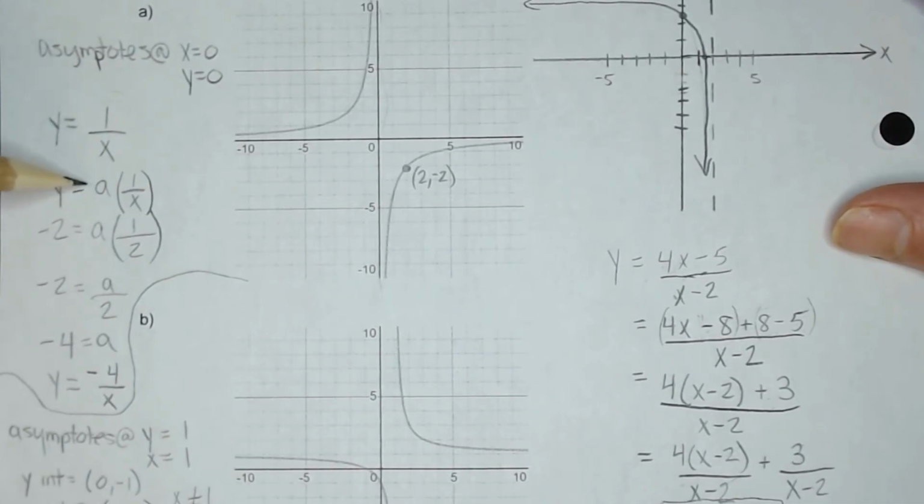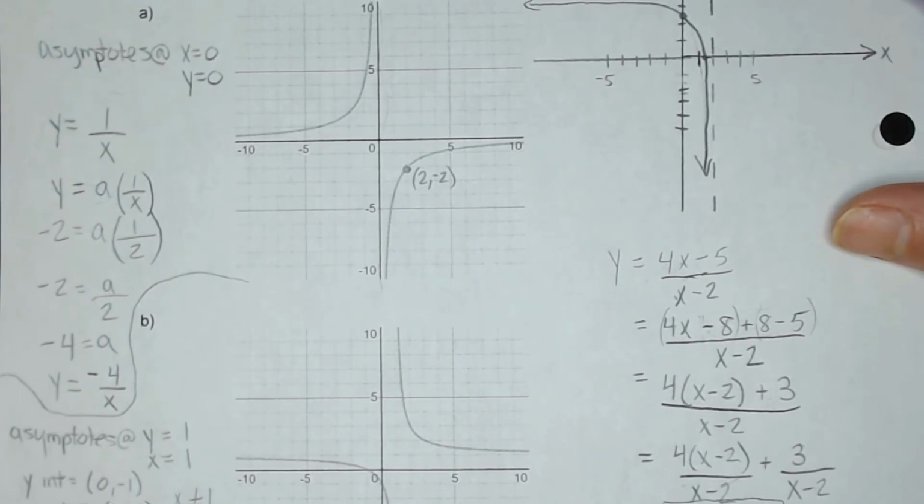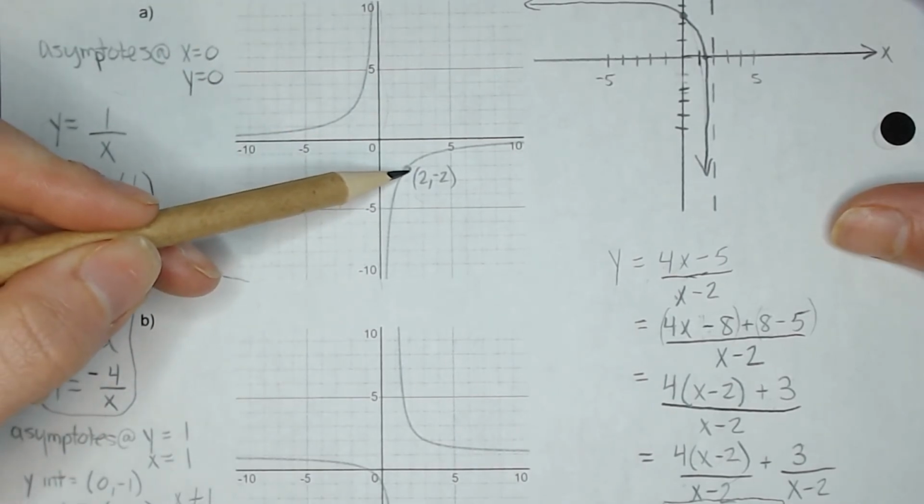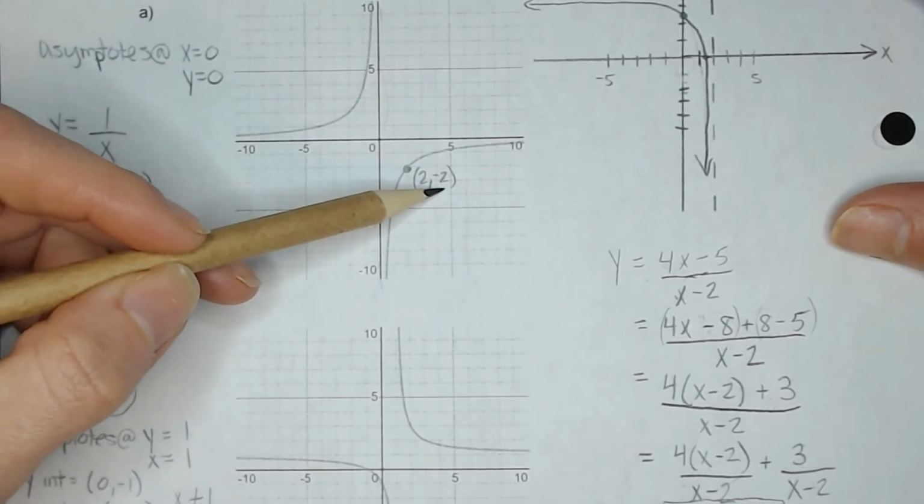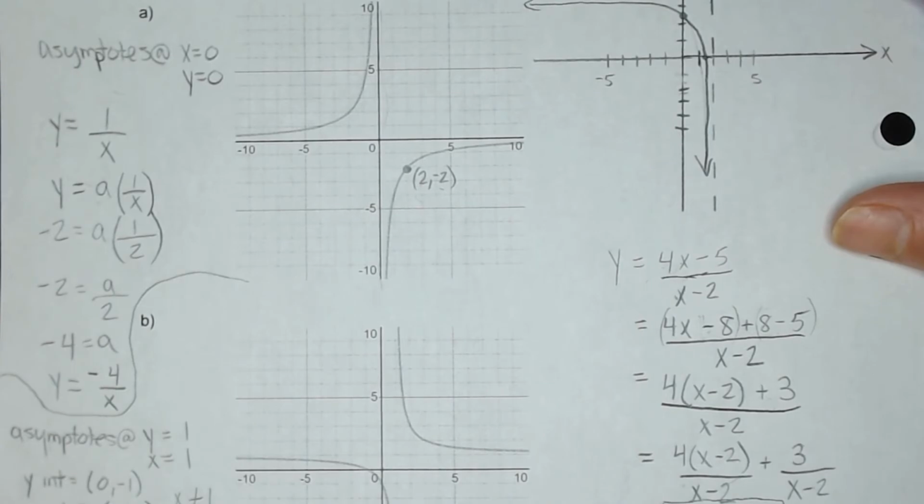And what we want to do is solve for a to figure out what is our stretch. What you need to do is just find one point on the graph. Any point you choose will work, but try to pick one that goes cleanly through a coordinate. So I picked 2, -2, and filled in that value for y and x. So you have -2 is equal to a times 1 over x, 1 over 2.